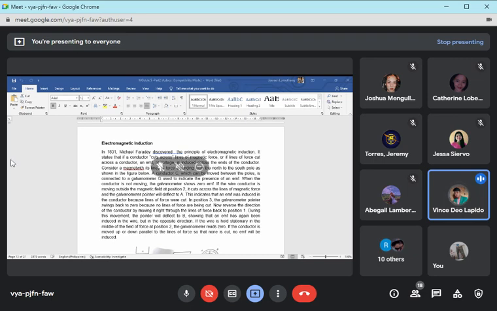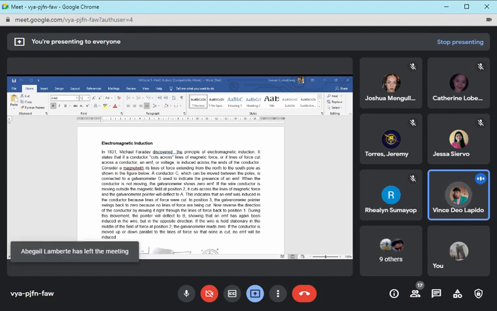During this movement, the pointer will deflect the other way, showing that an EMF has again been induced in the wire, but in the opposite direction. If the wire is held stationary in the middle of the field of force at position 2, the galvanometer reads 0. If the conductor is moved up or down parallel to the lines of force so that none is cut, no EMF will be induced.